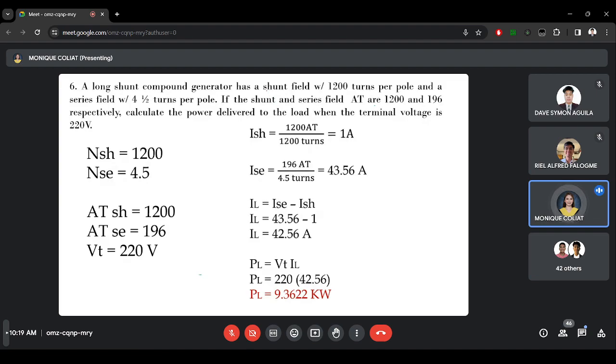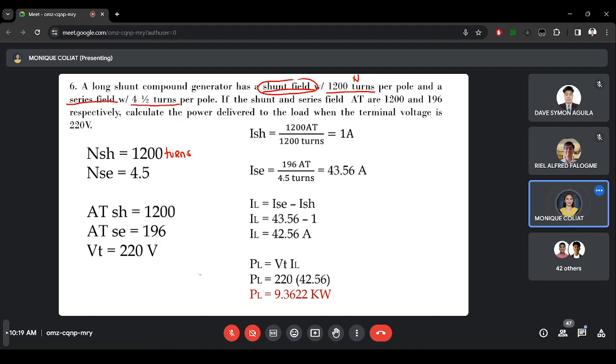So, we have a shunt field of 1,200 turns. When it is in terms of turns, that is N, right? Number of turns. So that is NSH. Bakit SH? Shunt field daw. So NSH is 1,200 turns. And a series field, 4.5 turns per pole.